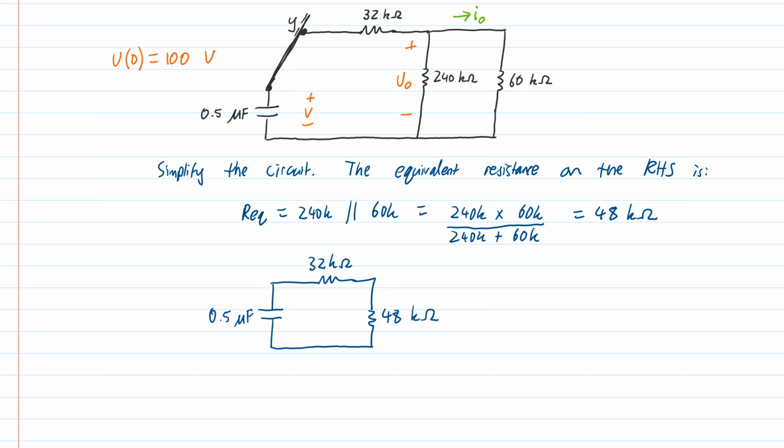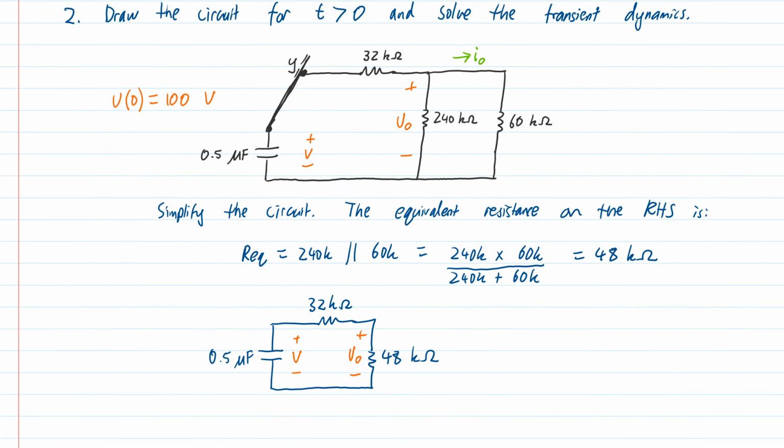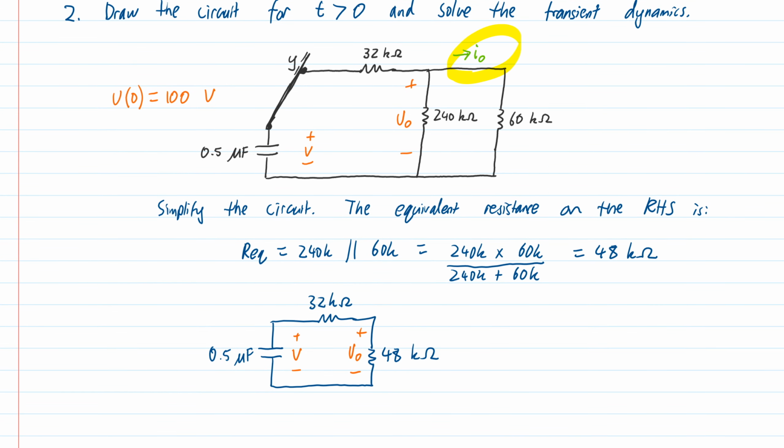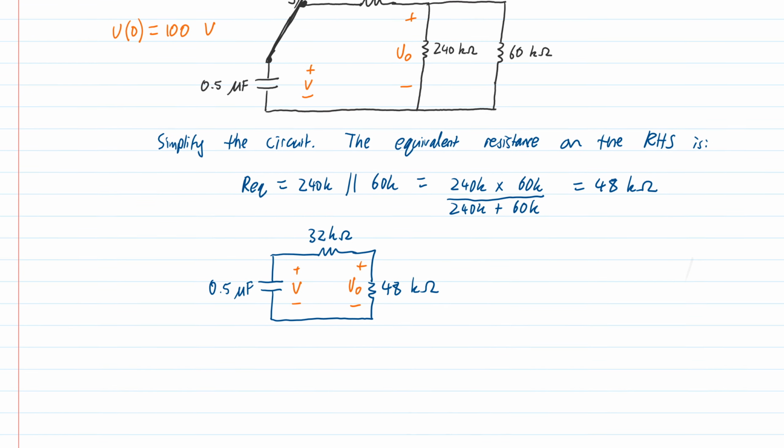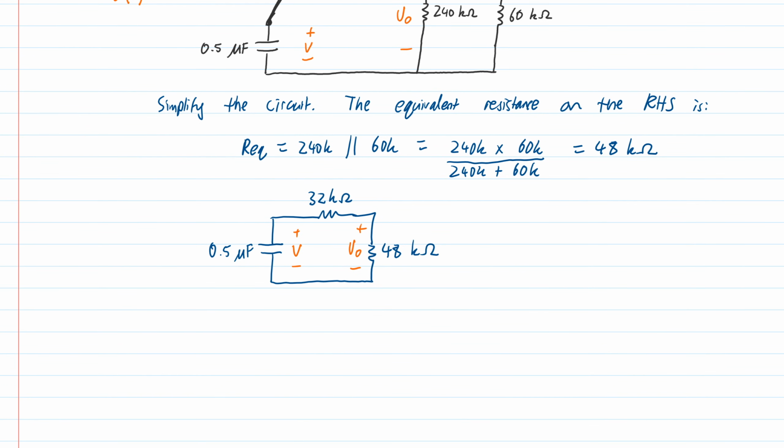Labeling our voltages on here, we have the voltage on the capacitor is this one, and the voltage V0 is over here. We don't have access to information about I0 anymore because we've simplified that part of the circuit, but we still have information about the two voltages, so we can solve for those and then work backwards to get I0.